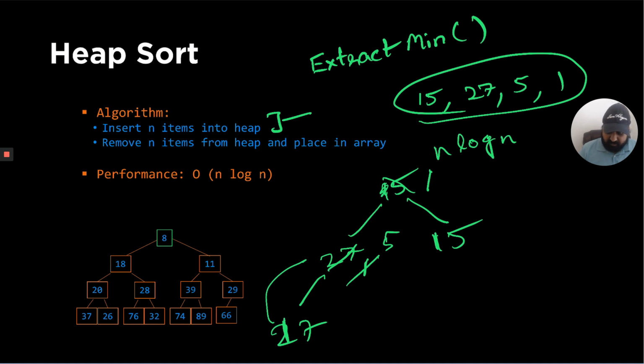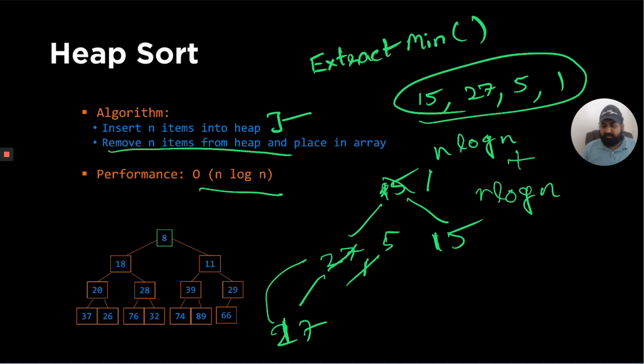Next, if we perform the remove operation, extracting one element from a heap at a time, it takes log n time to process one operation. If we are repeatedly doing it n times, removing elements from the heap, it will again take n log n. So it will be n log n plus n log n, and the performance will be proportional to O of n log n.